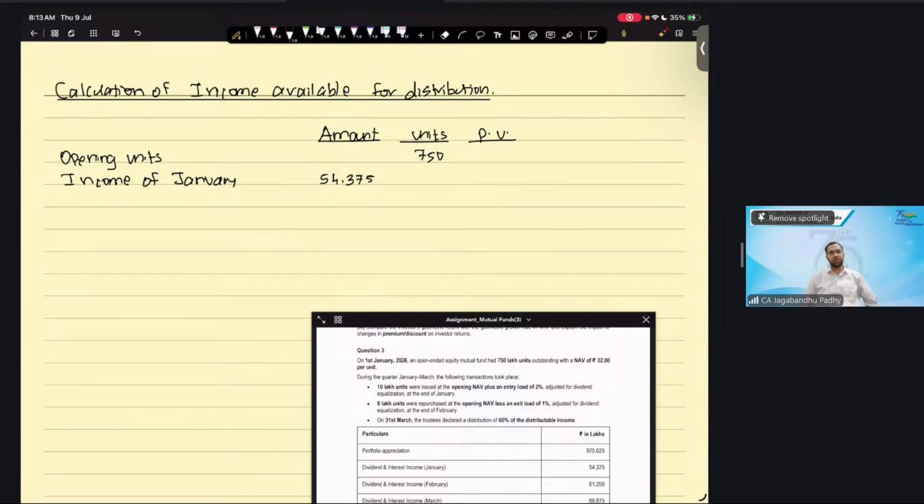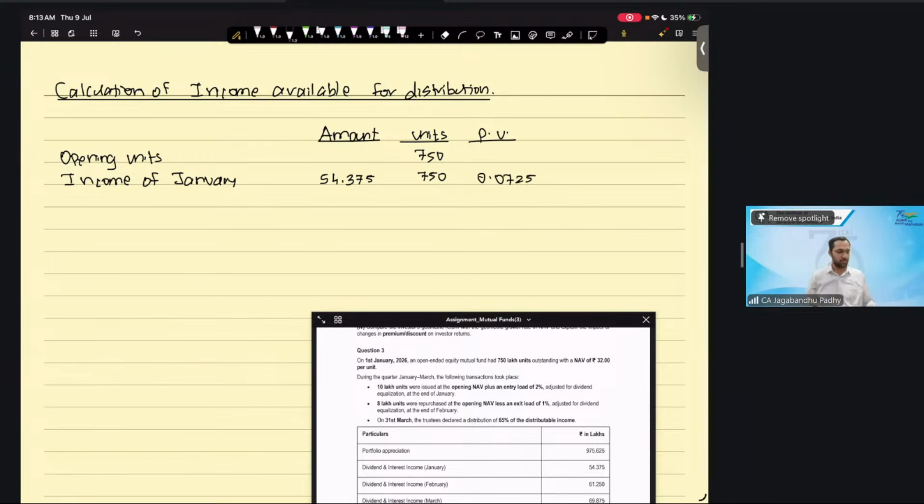Tell me, this 54.375 is going to be distributed amongst how many unit holders? 750. So per unit, how much is the dividend that has accrued? 54.375 divided by 750, which is 0.0725.